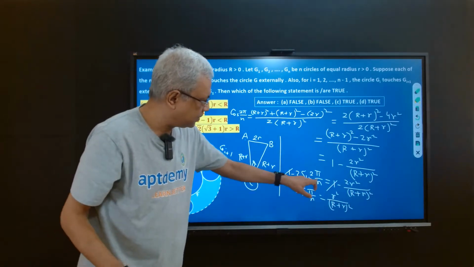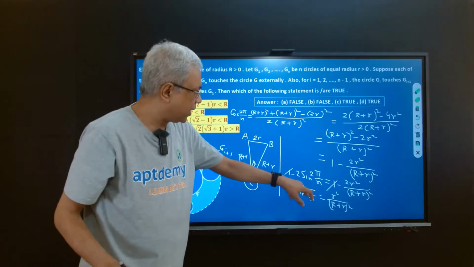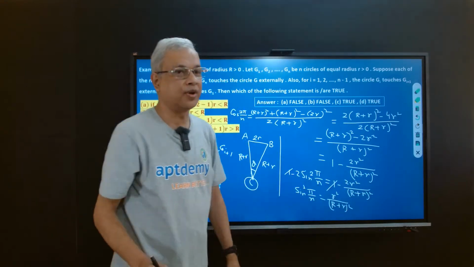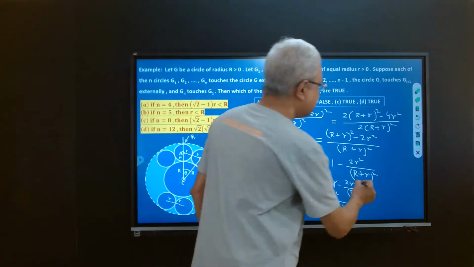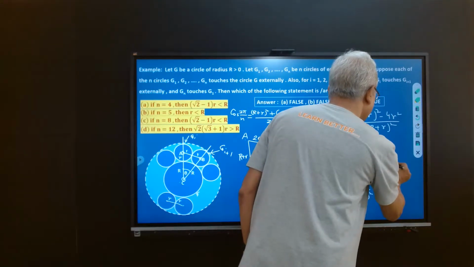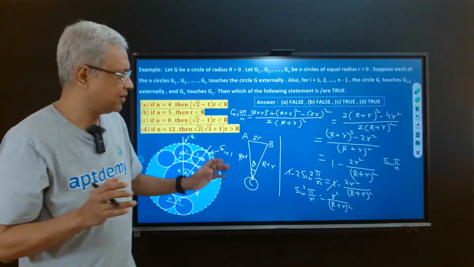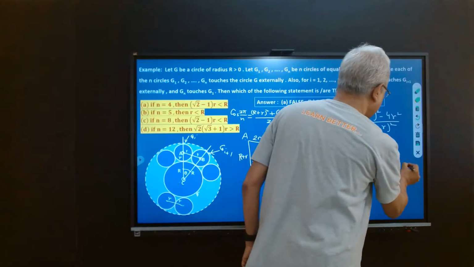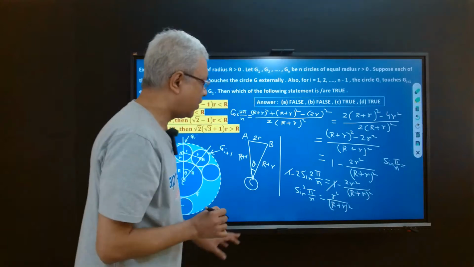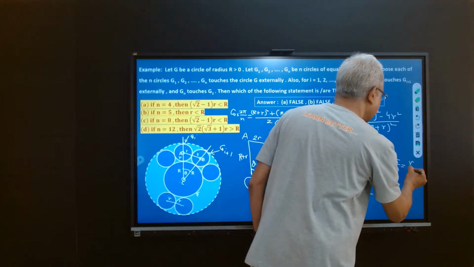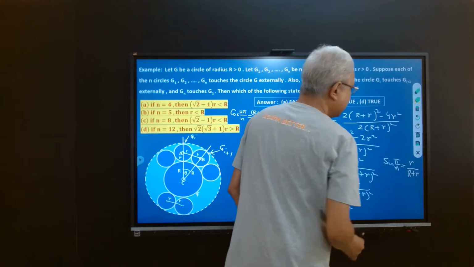1 cancels, negative sign cancels, 2 cancels, so sin square pi by n is small r square by R plus r whole square. So I can write sin pi by n, apparently pi by n is an acute angle, so I take the positive root: r by R plus r.